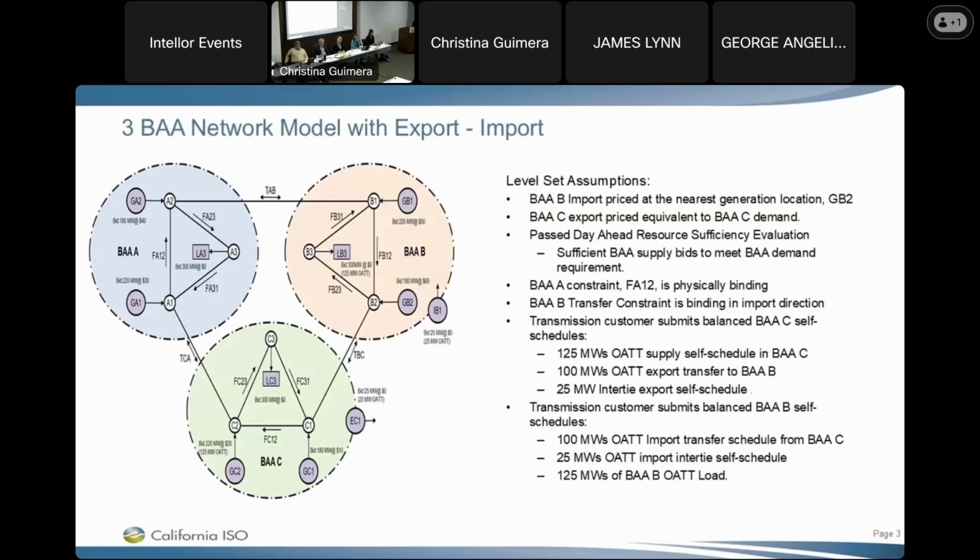So under both circumstances, I have 125 megawatts of supply, meaning 125 megawatts of load, and so the overall transactions are balanced. Now, the export and import are not necessarily associated. I just put the numbers for convenience for me. So now, we turn to the next page.